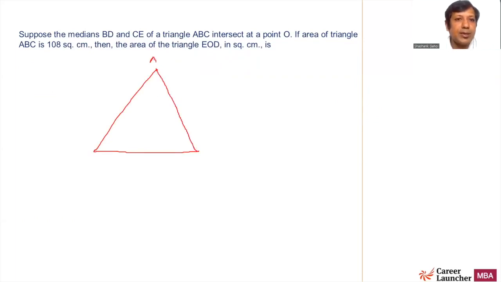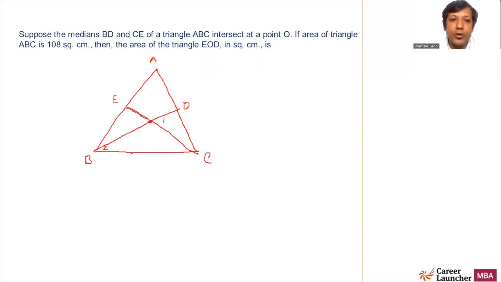Now this is A, this is B, this is C, this is a median, this is also a median, this is D, and this is E, and this point is the centroid.